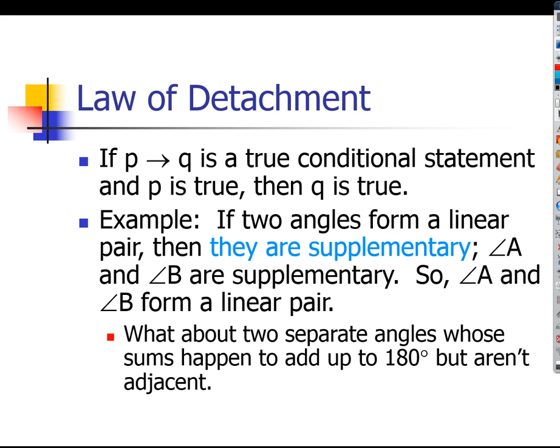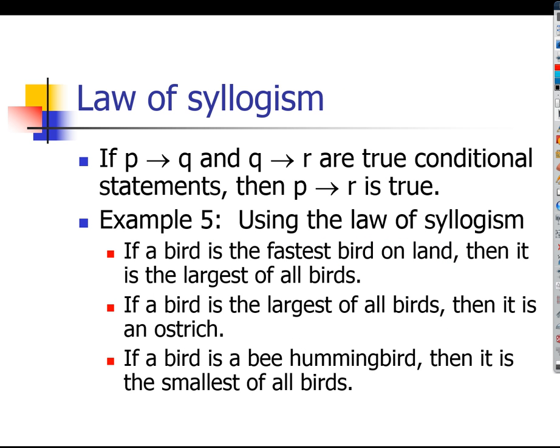No, they're not. So we can find examples where this statement, if A then B, is true, but maybe A is not true. If two angles form a linear pair, what if they're not a linear pair? Then you can't say necessarily that they're supplementary. Does that make sense?